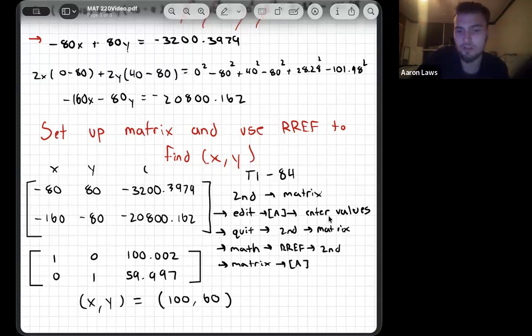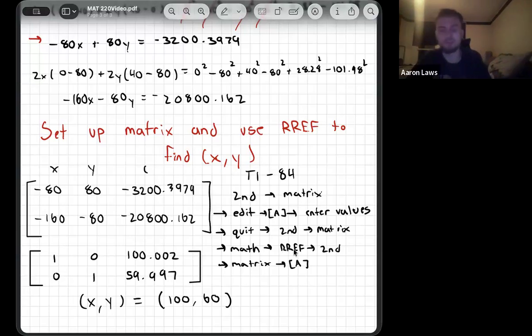Then you're going to quit out of that screen, then do second, matrix again. Use the arrow to go over to the math tab, and select the RREF or reduced row echelon function. Then you'll be sent back to the main calculator screen. You'll hit second, matrix and then select whichever matrix you filled these values into.